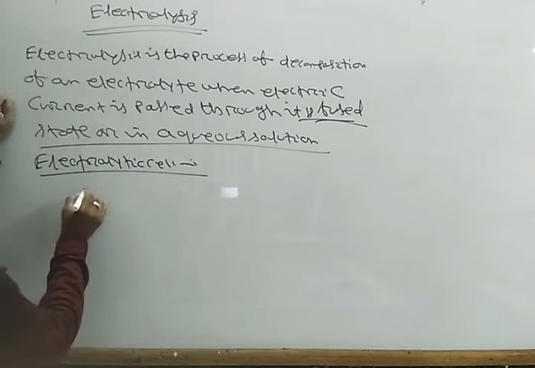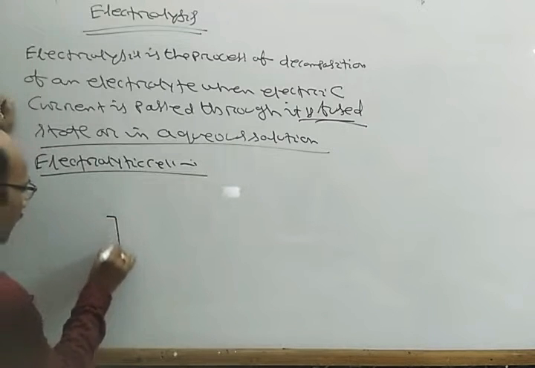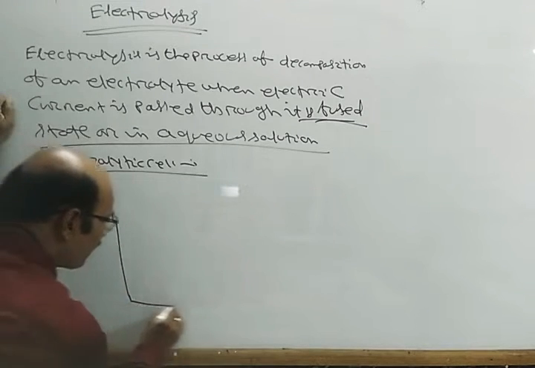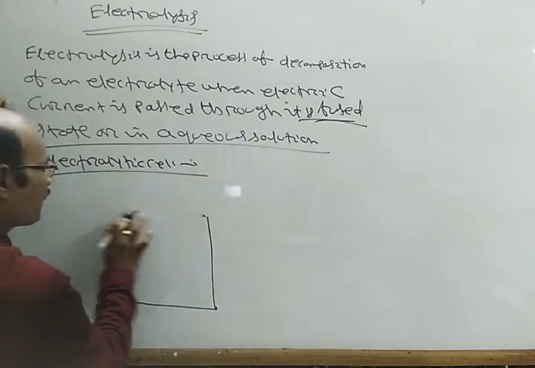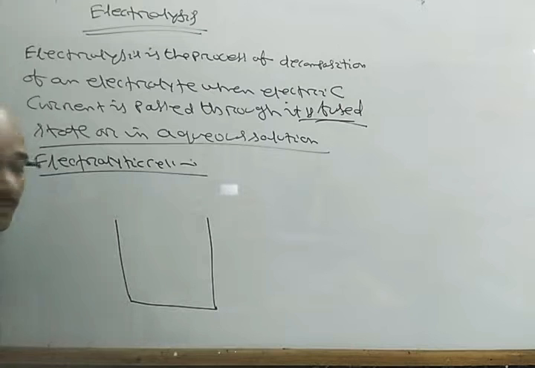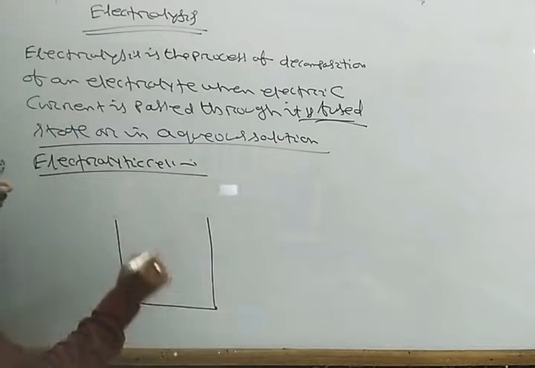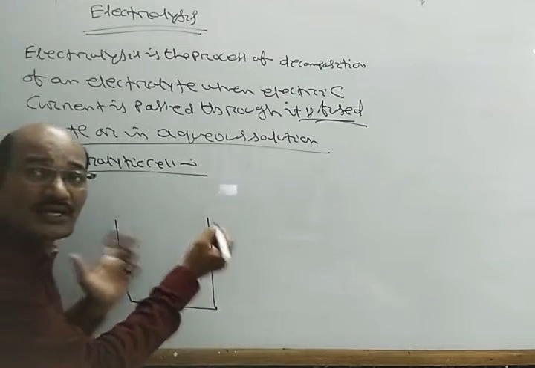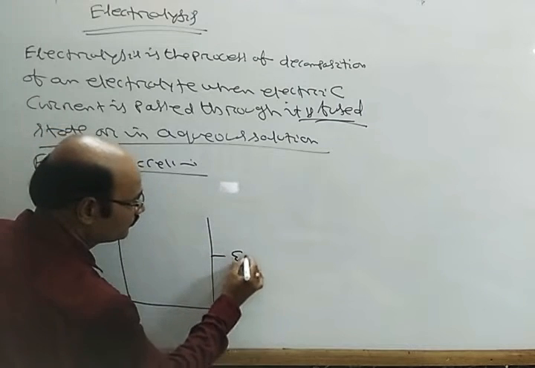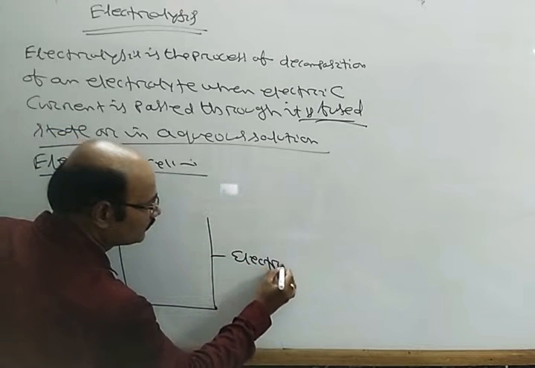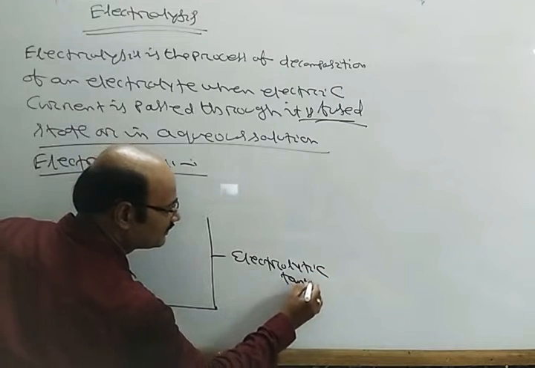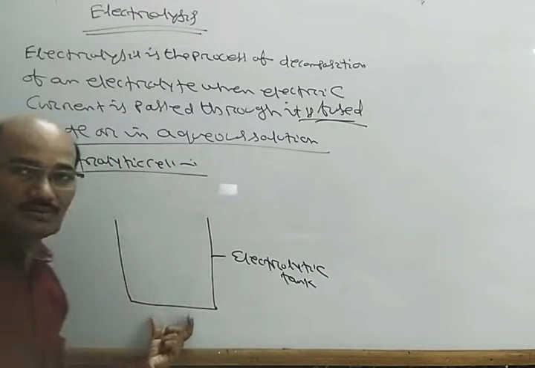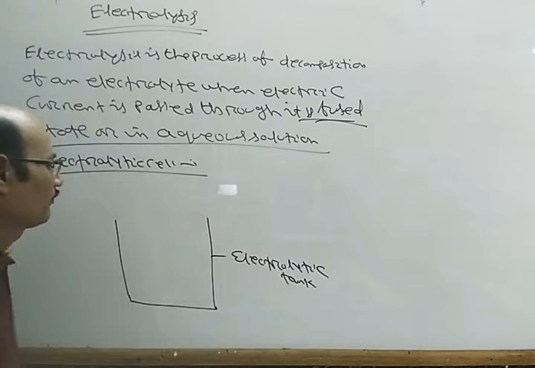Here we are taking a vessel, a vessel made up of glass, called electrolytic tank. Okay, the vessel made up of glass.